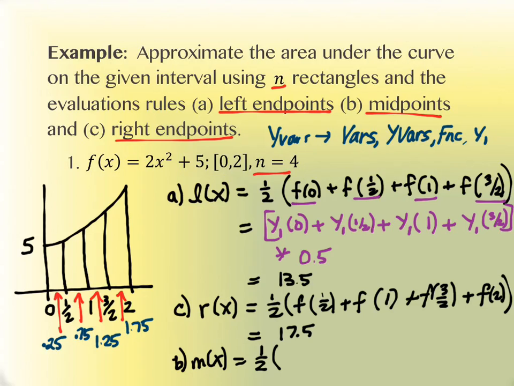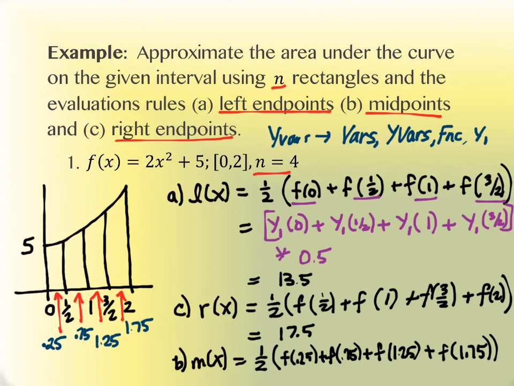Perfect. So over here with your function, you can write f of 0.25 plus f of 0.75 plus f of 1.25 plus f of 1.75. You can even go back in and manipulate what you did on the line before.